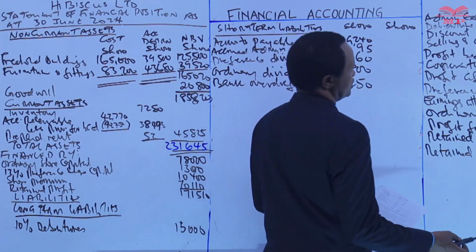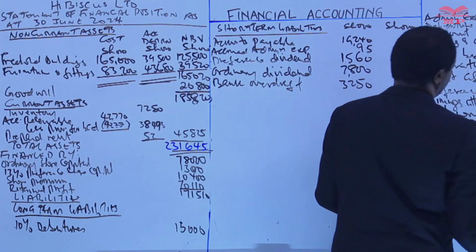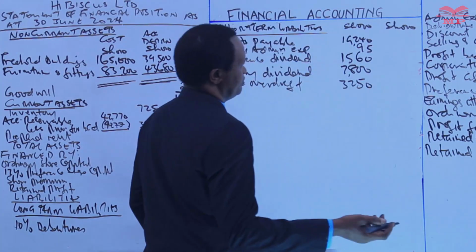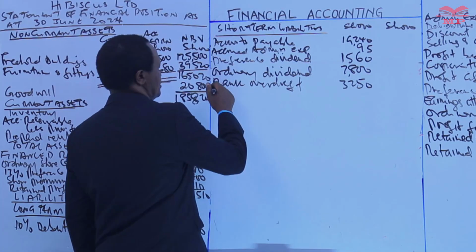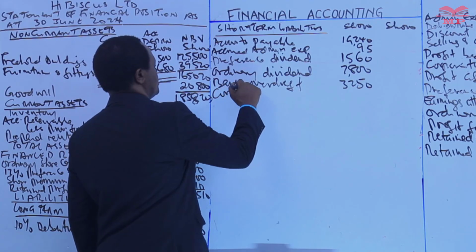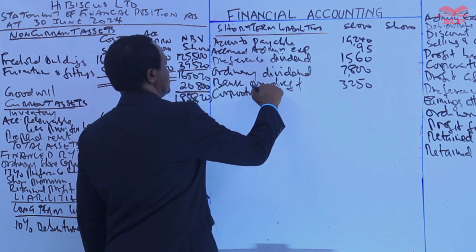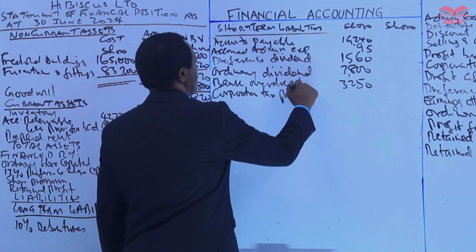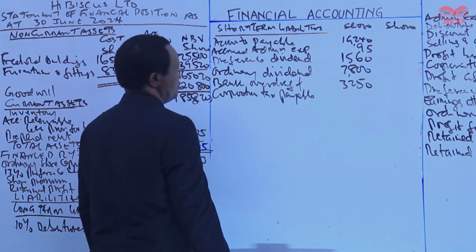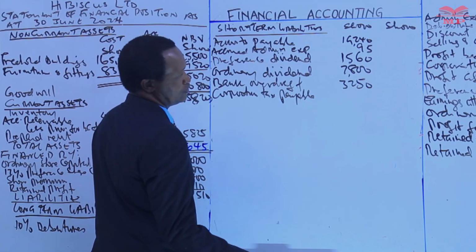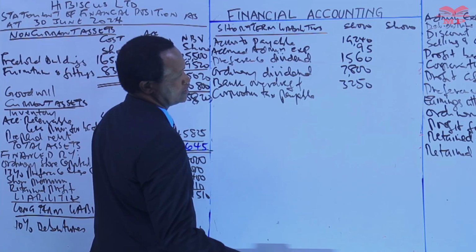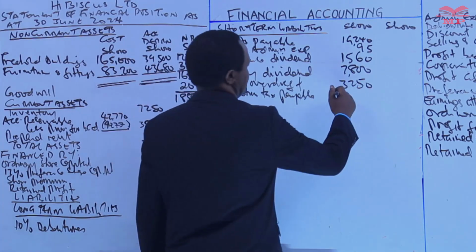So the corporation tax 13,890 is also a liability. It has not been paid. If it's not paid, we call it corporation tax payable. The amount there is 13,890.